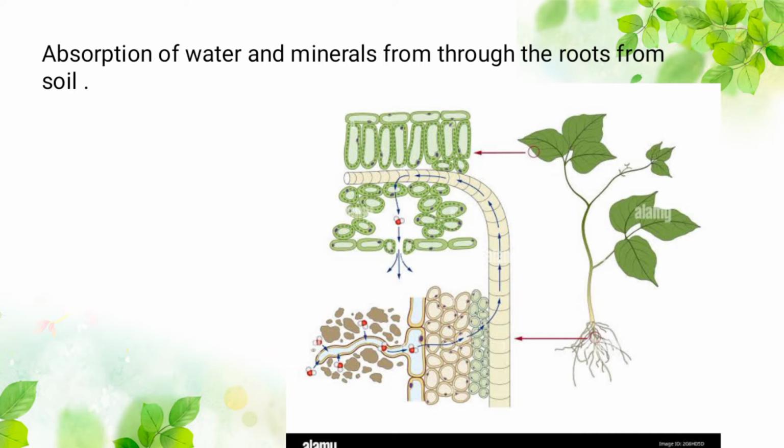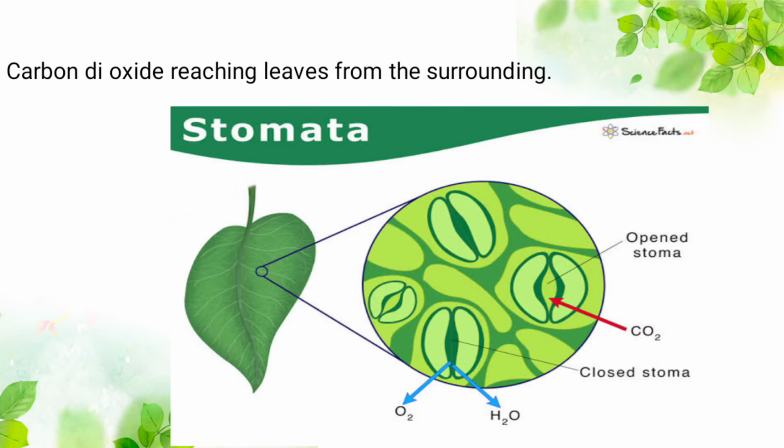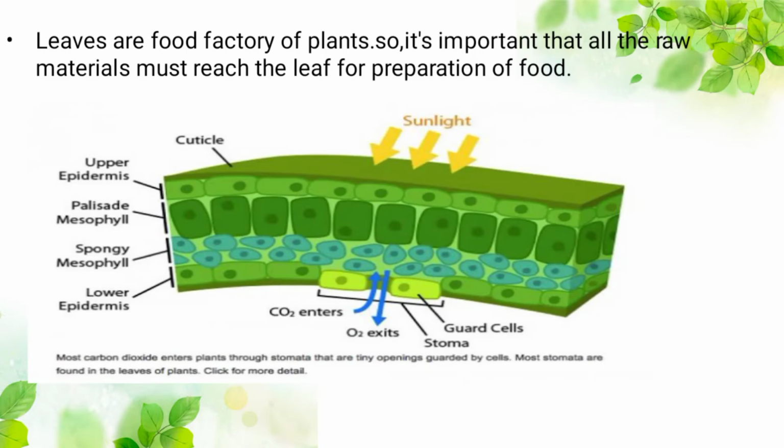Now we will study the next raw material, carbon dioxide, reaching the leaf from the surrounding. Carbon dioxide is present in air. How will this carbon dioxide reach the leaves? There is a structure called stomata present in the leaves. I'll show you where exactly it is present.